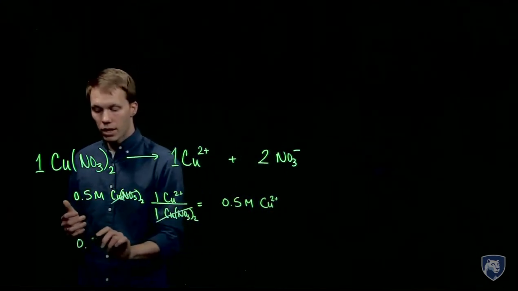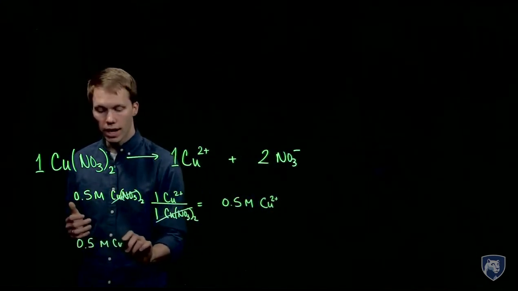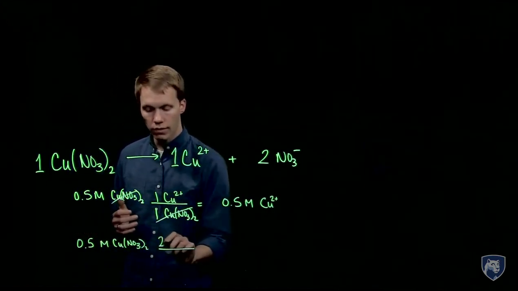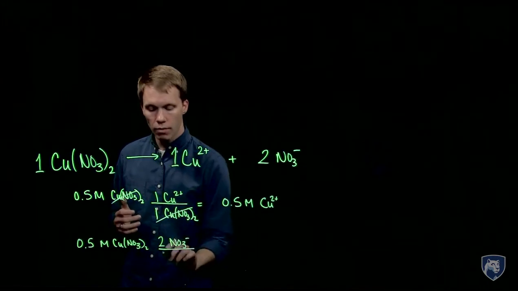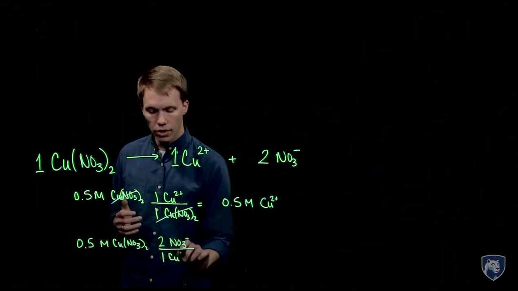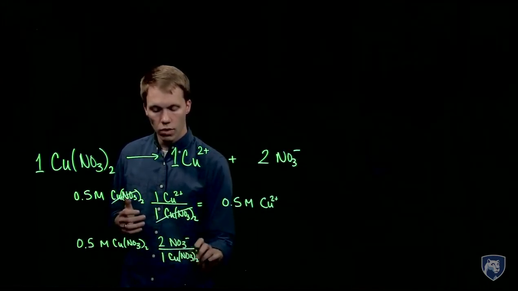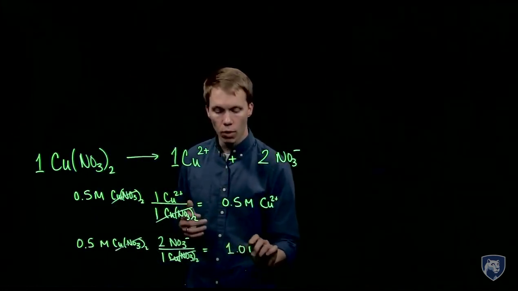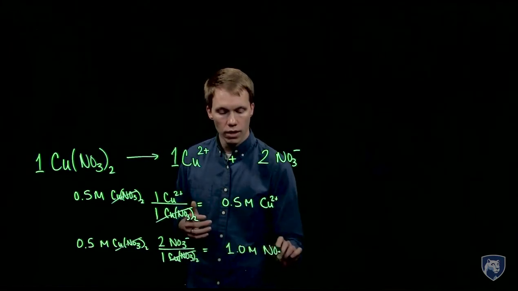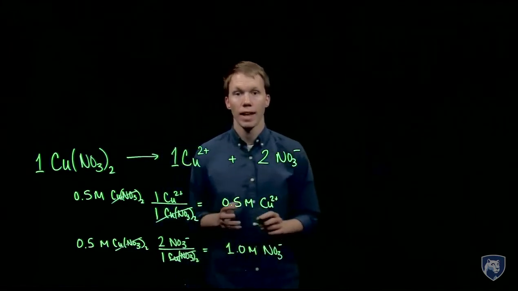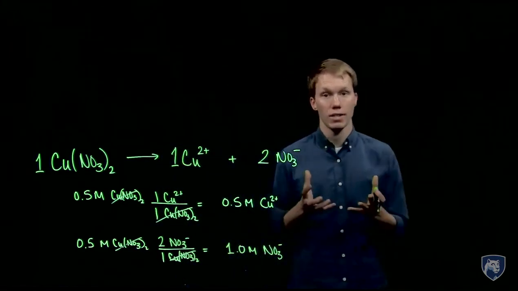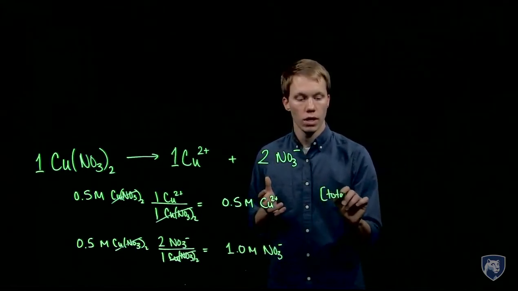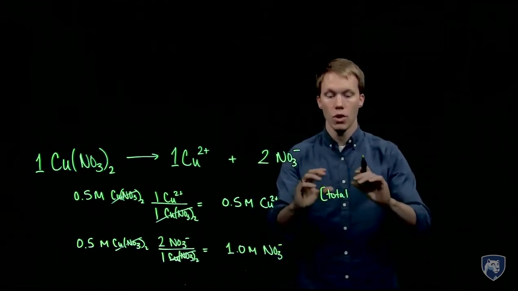When I consider the concentration of nitrate ions, I have a ratio, a stoichiometry of 2 nitrate ions per every one copper nitrate unit. So from here, I end up getting a concentration of 1 molar with respect to nitrate ion concentration. And then the total ion concentration, sometimes we will report concentration noted in brackets.